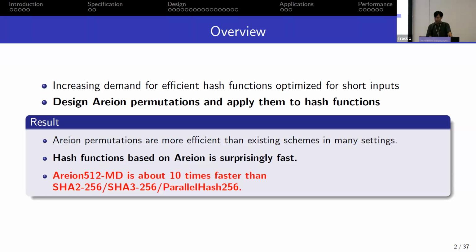As a result, we show Areion permutations are more efficient than existing schemes in many settings, and the hash functions based on Areion are surprisingly fast. Especially, Areion512-MD is at most about 10 times faster than SHA-2 256, SHA-3 256, or BLAKE3.